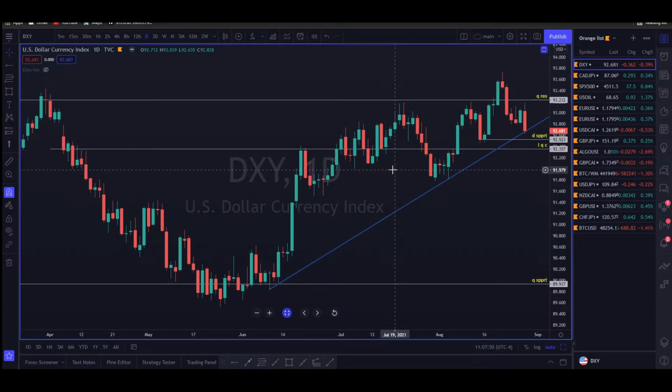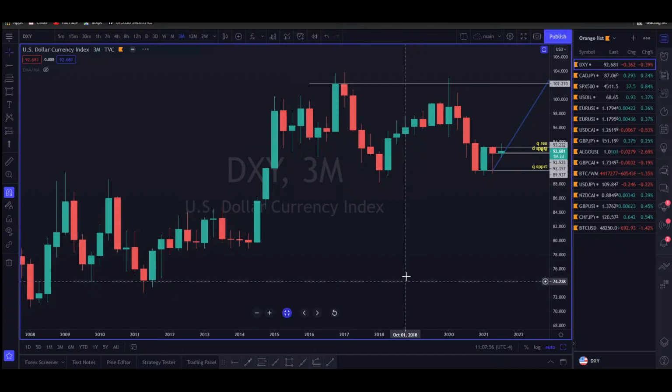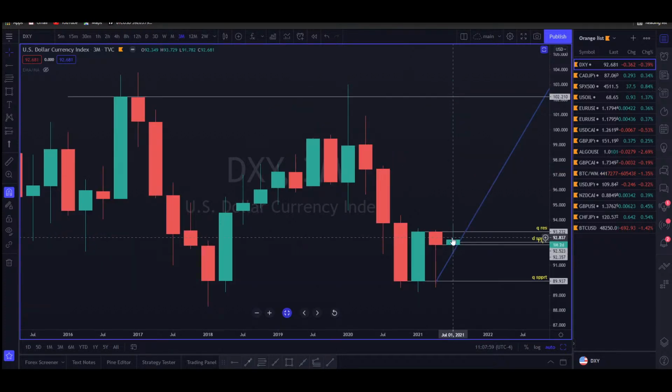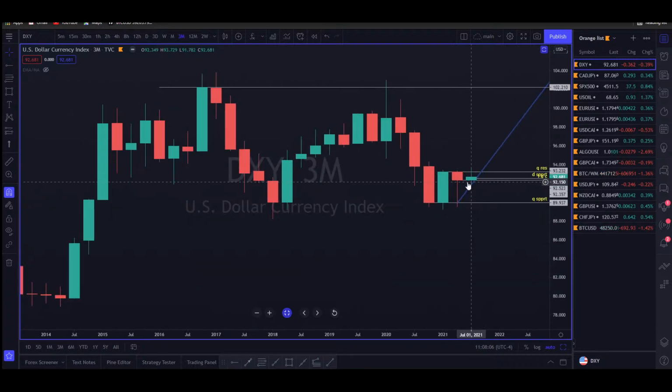So basically, there's 1 month left on the quarter that we're currently in. This is the quarterly chart. Here is the quarter that we are currently in. Right? We have made a high, and we have retraced from the high. So basically, if the Fed is going to announce that, then I would see dollar strength. If the Fed says that we are going to start tapering, I am looking for dollar strength.